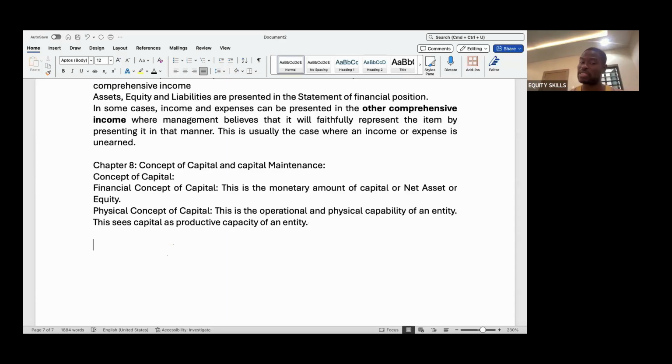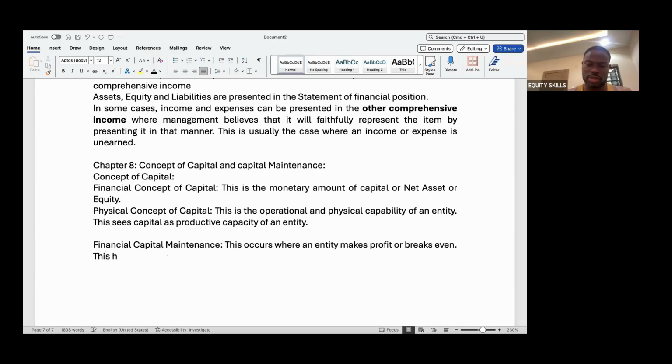And that takes us to capital maintenance, right? So again, based on the concept of capital, we can also look at when you have maintained your capital. Okay, so financial capital maintenance. This occurs where an entity makes profits or breaks even.